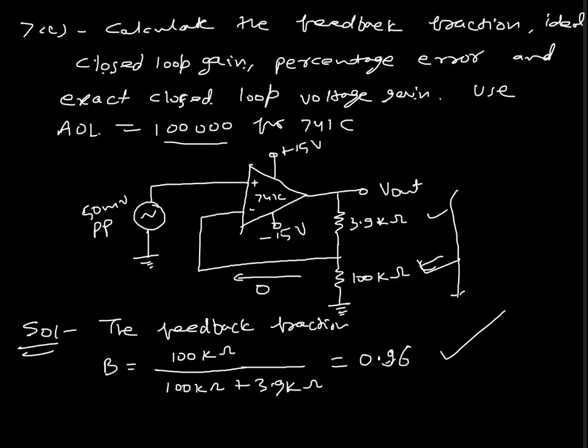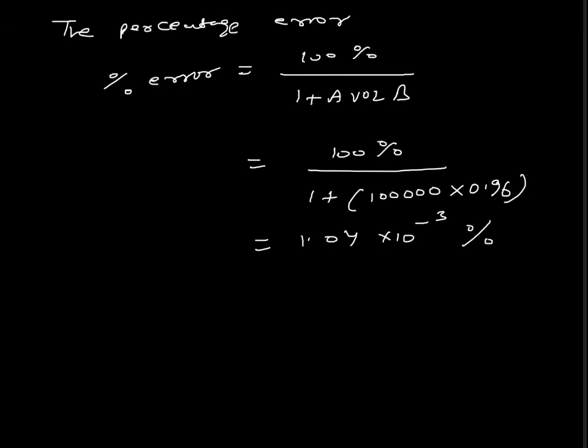Exact closed loop voltage gain is the third part. Okay, so what is the exact closed loop voltage gain?